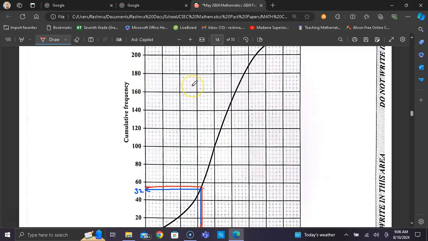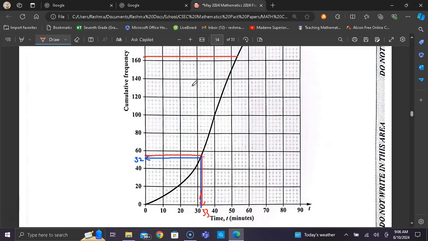Now, the 165th value, so again, remember, each division on this axis is 4, so this will be 164 here. So 165 will be a little above that mark. So let's just estimate there. And then we have to come down.